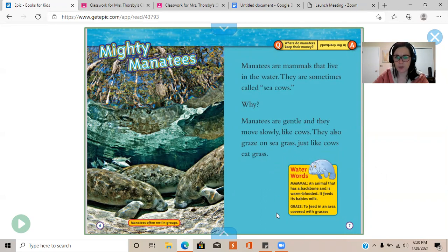It says "Water Words." Mammal, an animal that has a backbone and is warm blooded. It feeds its babies milk. Graze, to feed in an area covered with grasses. Okay. So these words, what is this called, boys and girls, when you have a vocabulary word with a definition?